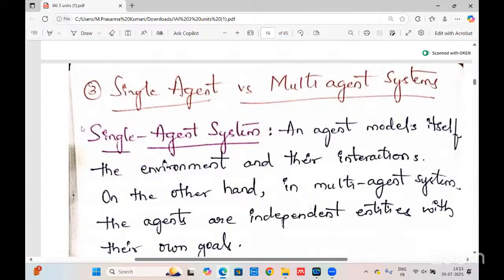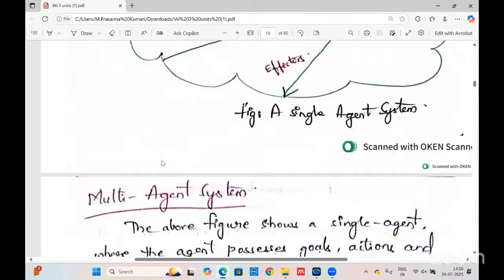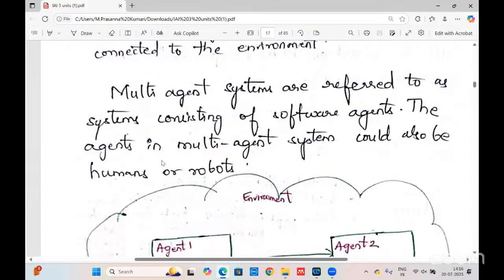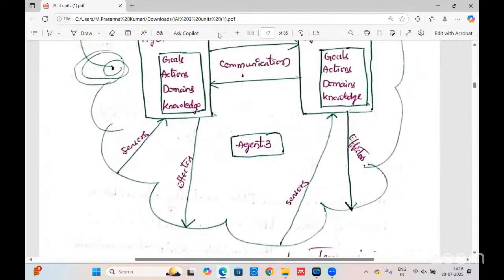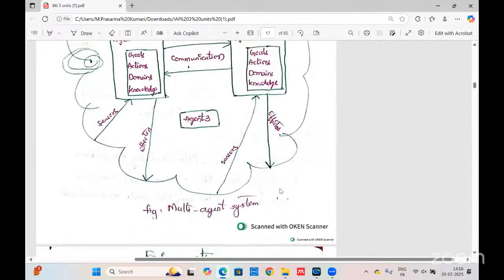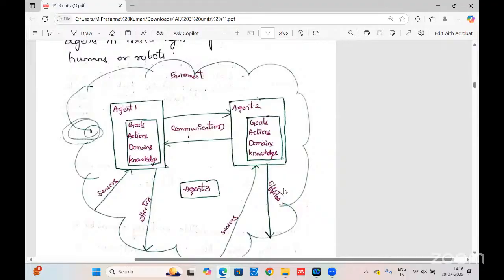Whereas coming to the multi-agent system, in the diagram you can see there are more than one agent. Unda? Agent 1, agent 2, agent 3. Okay, more than one agent will be there.